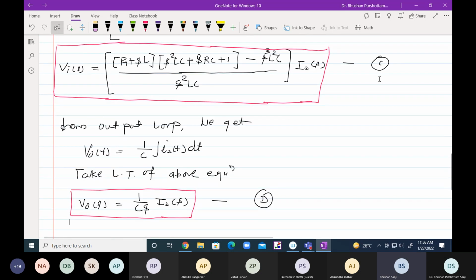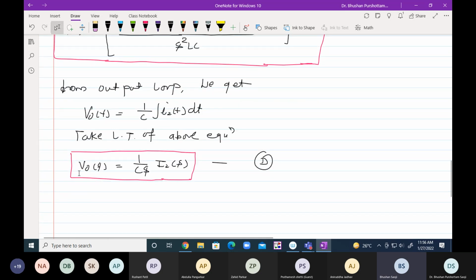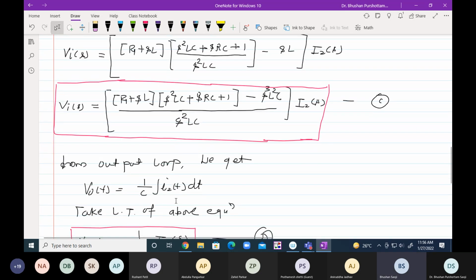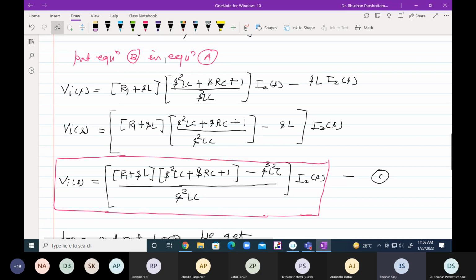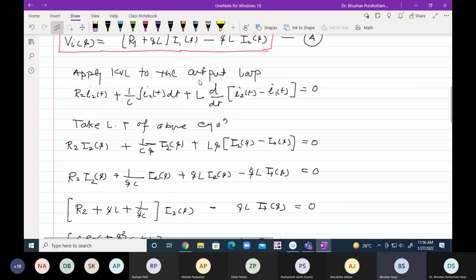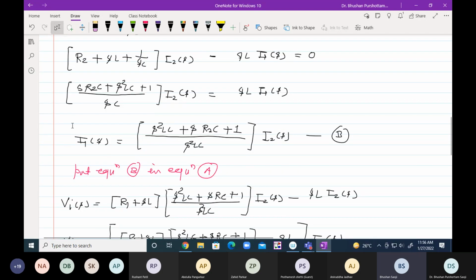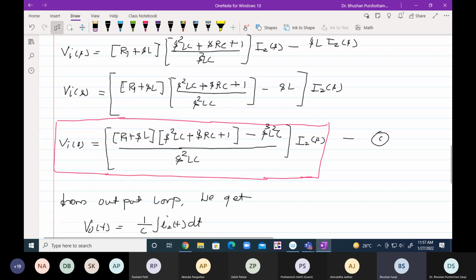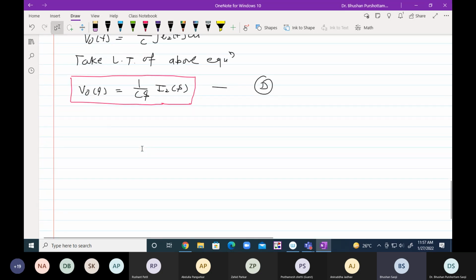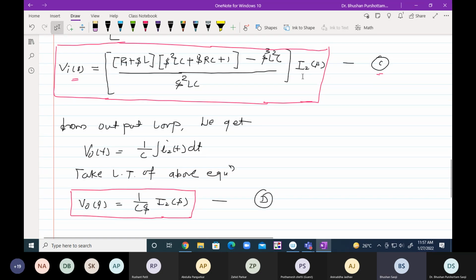Now see here, in equation C there is I2 of S, and in equation D there is also I2 of S. That's why we have converted the current I1 in terms of I2 from equation B. We applied KVL to the output loop and got I1 of S in terms of I2 of S, and that we substituted in equation A, and then we got the equation for Vi of S, which we called equation number C. And from the output loop again, we calculated V0 of S in terms of I2, and Vi of S also in terms of I2.